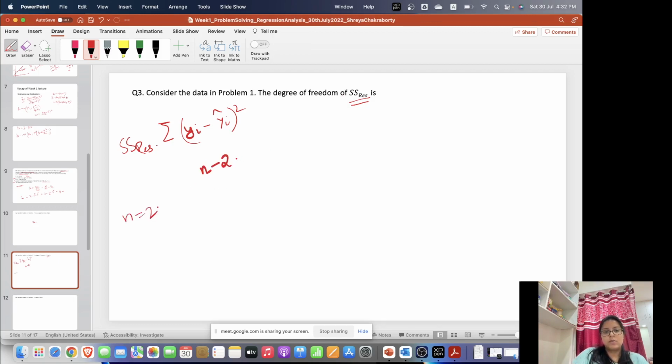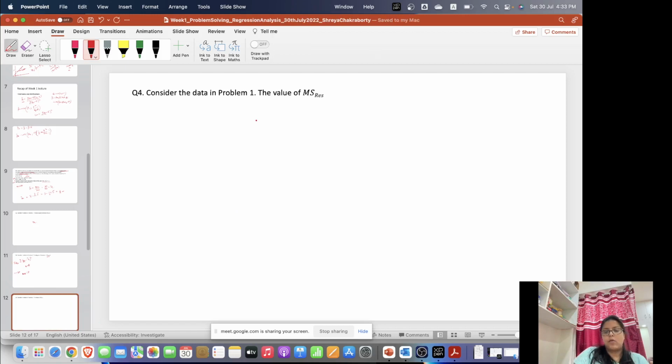Here n is 20, and thus the answer is 18. Now, how do we calculate MS residuals? This is calculated by SS residual divided by the degrees of freedom.